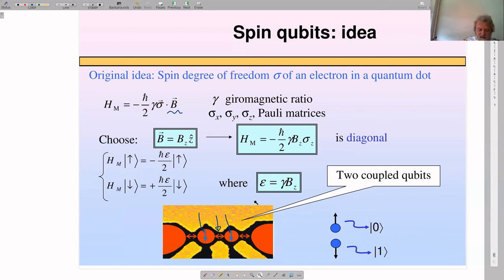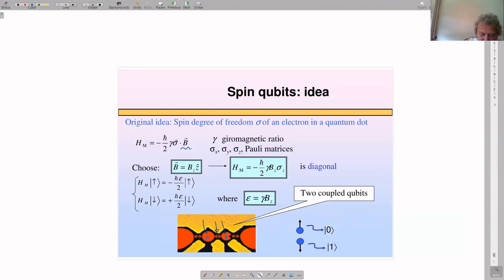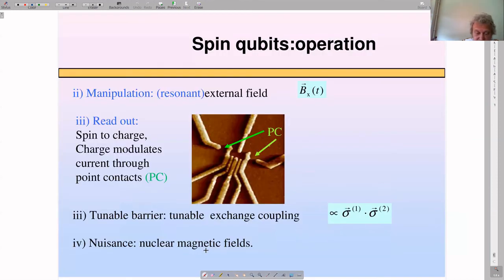Right, in this setup, the electrons can be brought close to each other, and then there is exchange interaction between their spins, and that's a way to provide interaction gates and ultimately CNOT gates. Okay, that's what I put. I have to put up the next transparency.